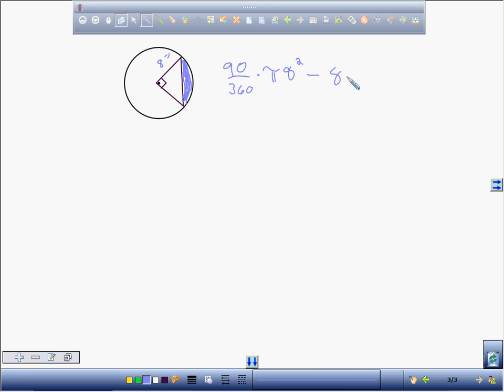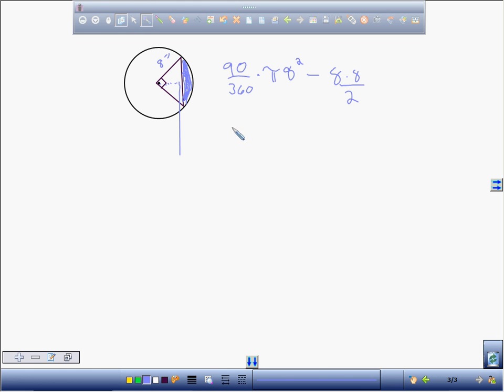Do you see where you got 8 times 8 divided by 2? Because these are radii, right? And since it's a right triangle, in this case, you just go 8 times 8 divided by 2. Now, if you had another triangle where this was not a right angle, then you'd have to know the height going across it, right? But in this case, it's a right triangle, so you can just say this is the base and the height, which are both 8.